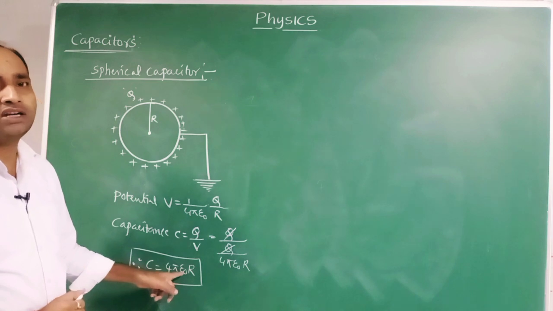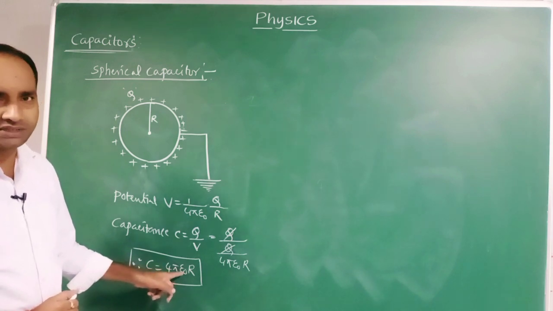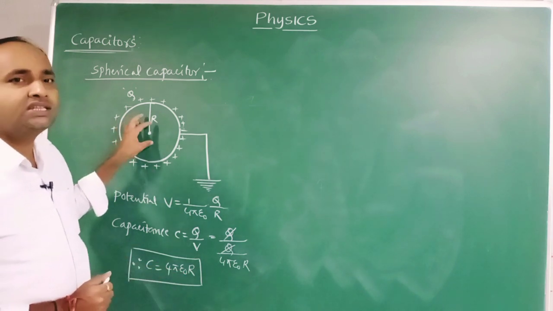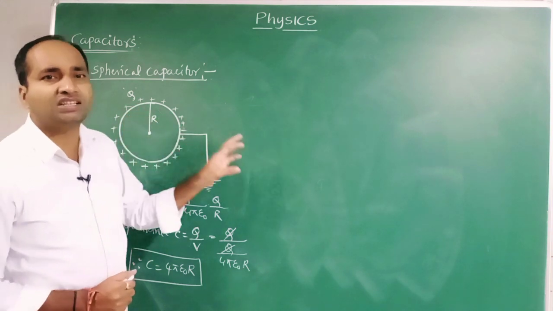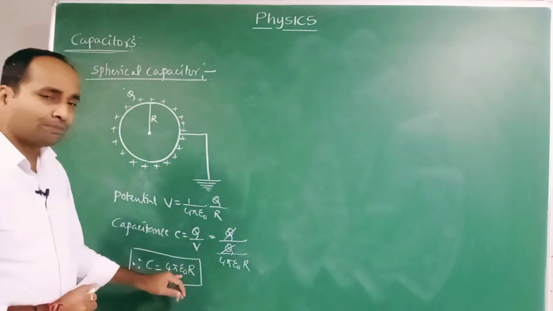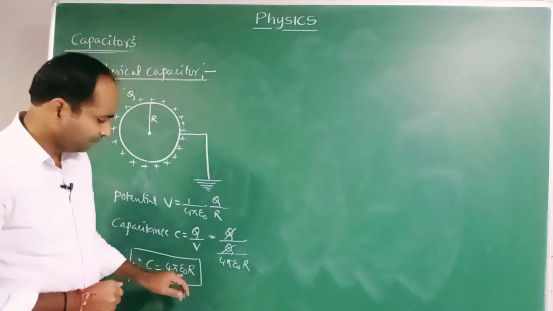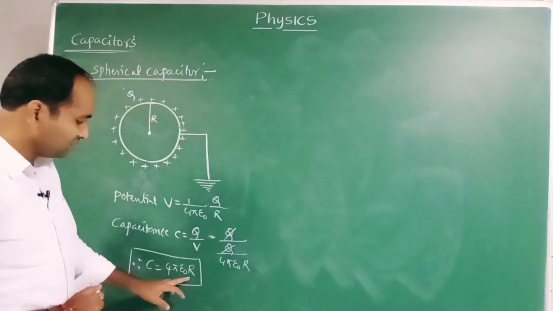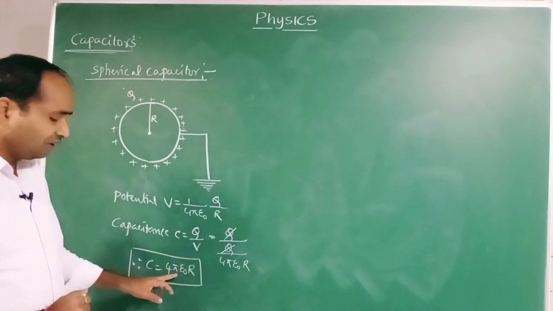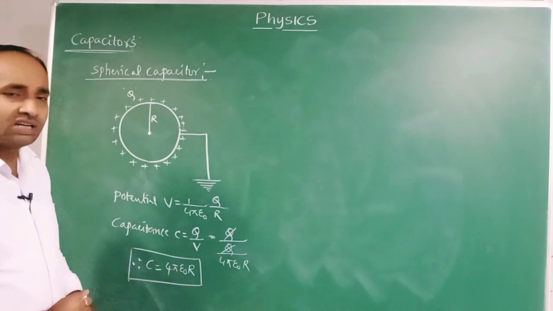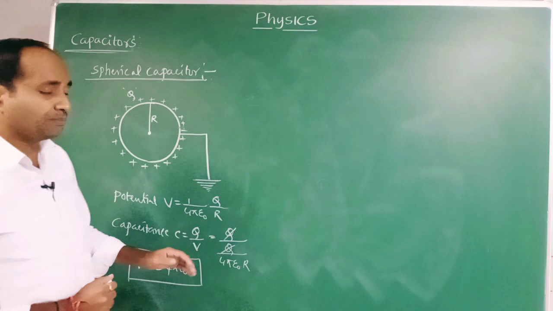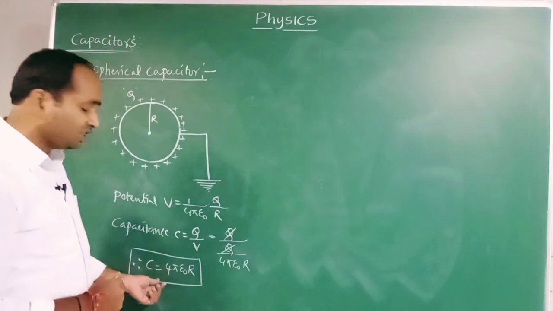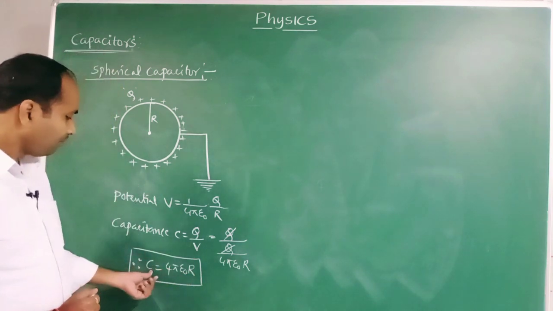What is epsilon naught? It is the permittivity of free space. It depends upon the place at which the capacitor is placed and upon the size of the spherical condenser, that means the radius. For a given place, if epsilon naught is constant, we may write C proportional to R.